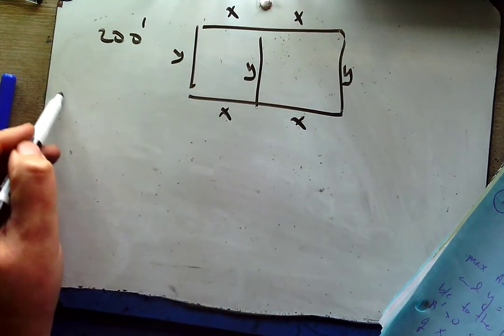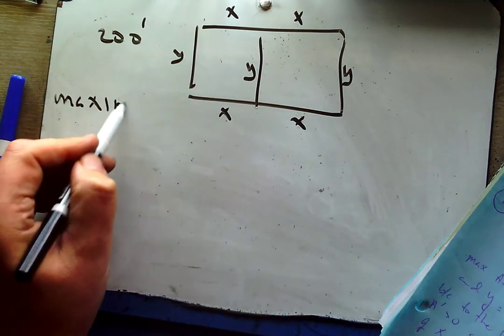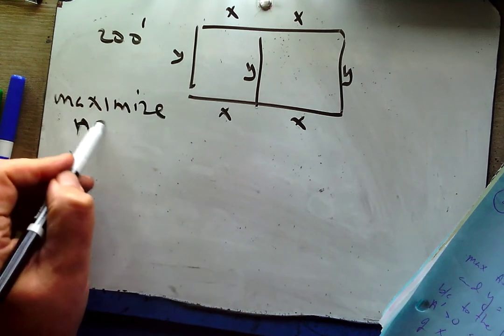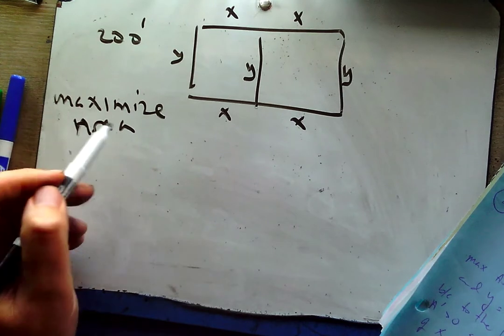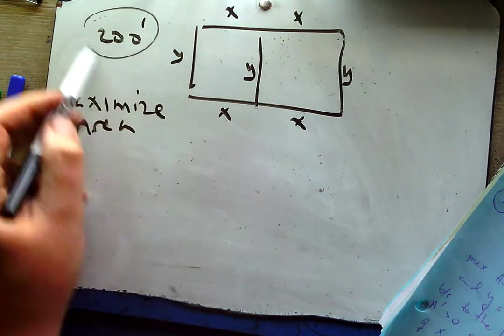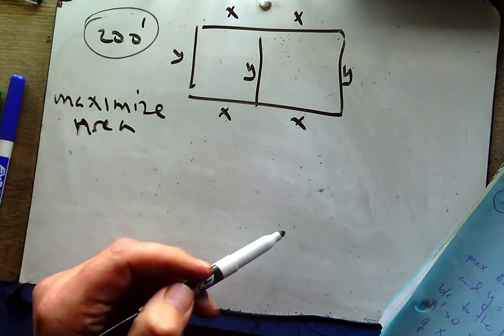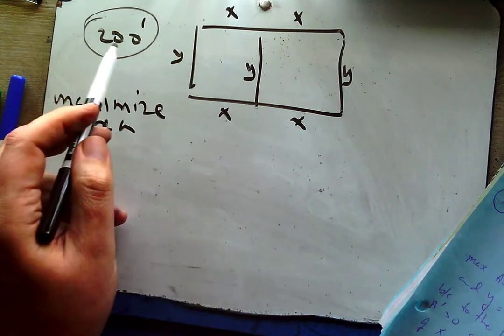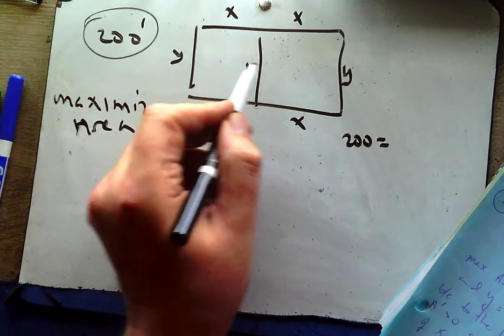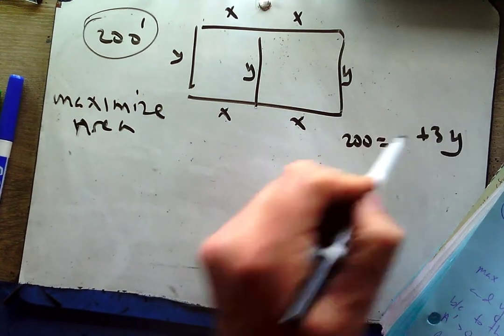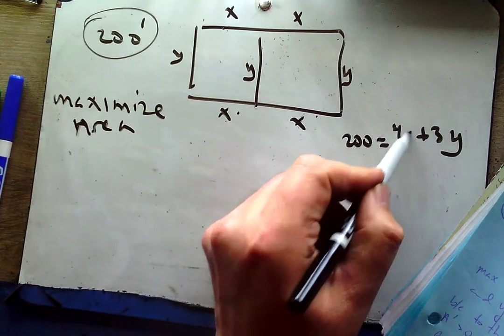And what we want to do is maximize area. We want our horse friends to have plenty of space, the most space we can get them, even though we only have this amount of fencing. So let's think about this fencing equation. We've got 200 equals 3 of those y's plus 4 of those x's.